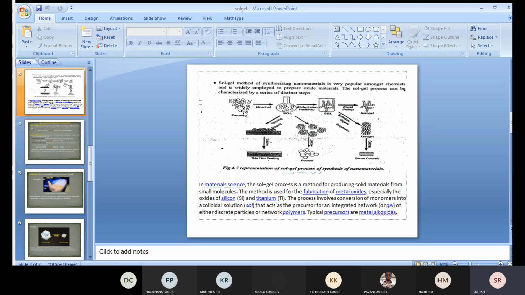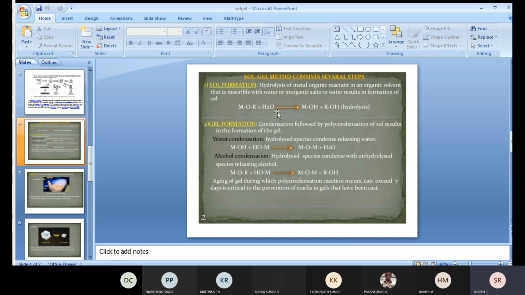In this case, the precursor is going to mix with the solvent present in this drum. Once the precursor has been mixed with the solvent, you get the Sol. So that is step number 1. That's the reaction shown here.